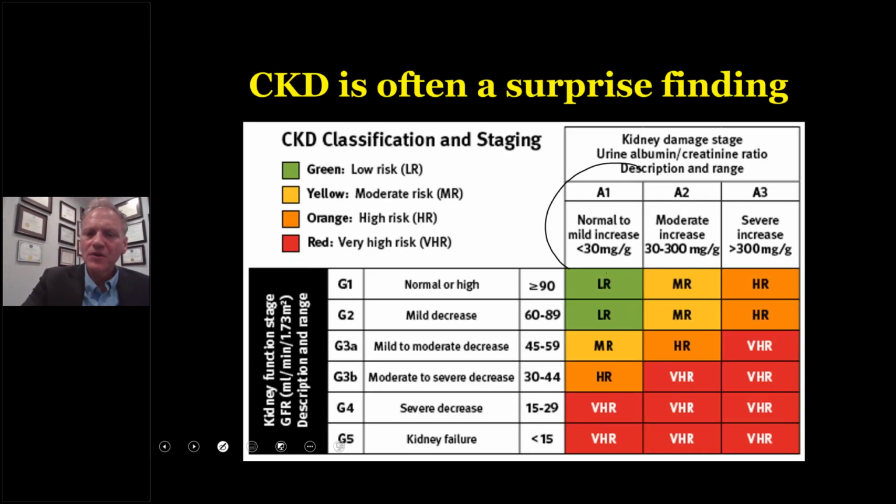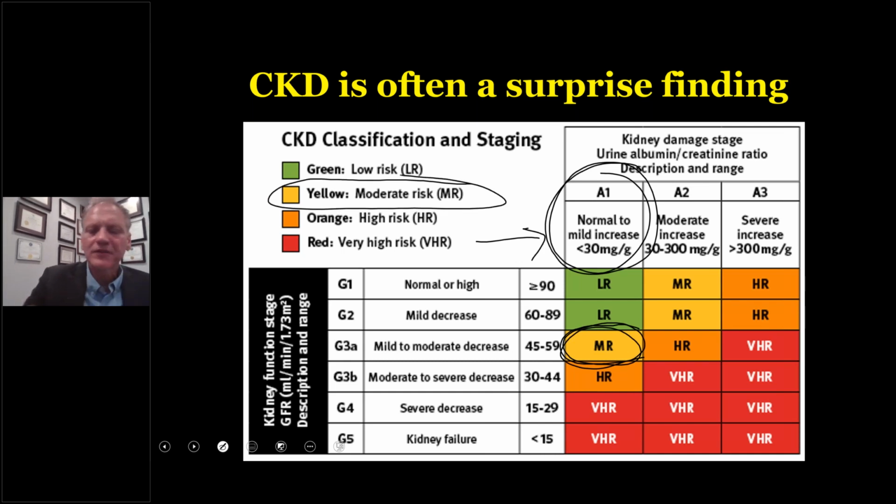So let's look at it this way. In the normal case, we want less than 30 milligrams per gram of microalbumin to show up. So somebody comes in and their GFR is at 59 like this person, and we do the 24-hour catch and they're normal here. What that shows is they're just at a moderate risk for kidney disease. We're not that concerned about it.